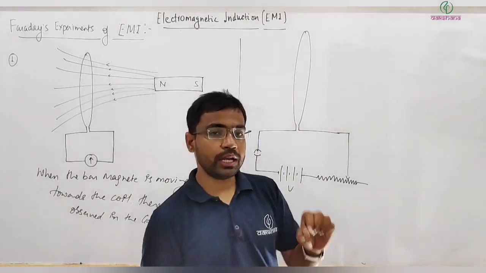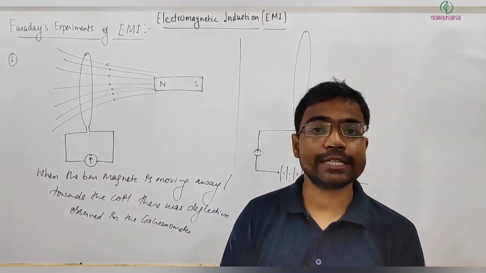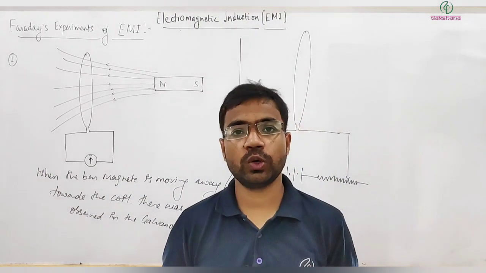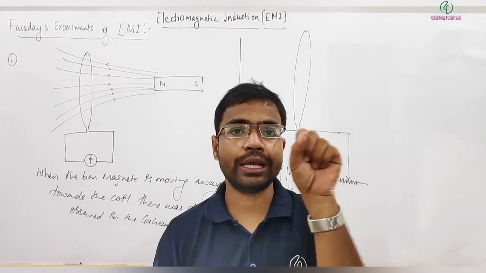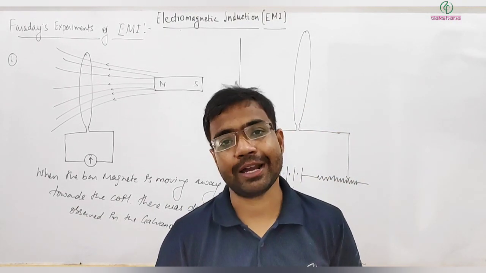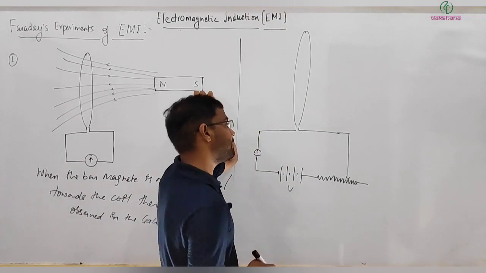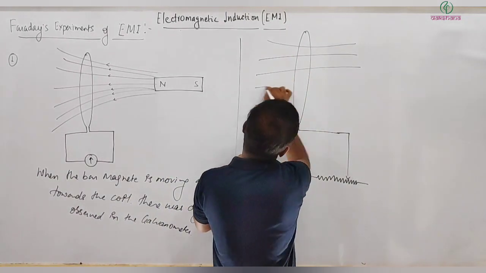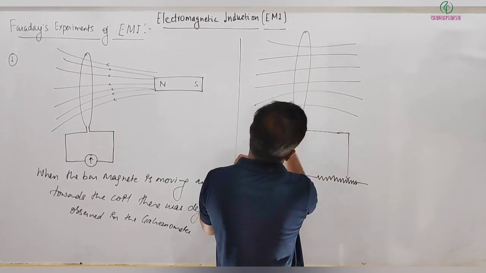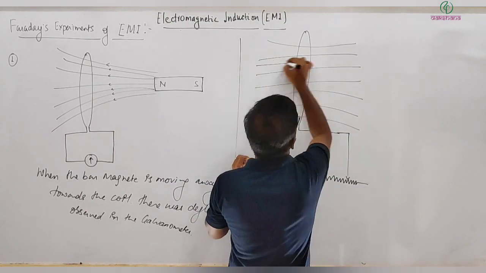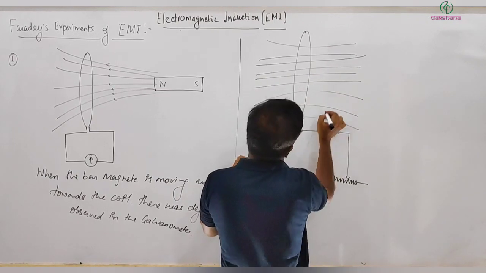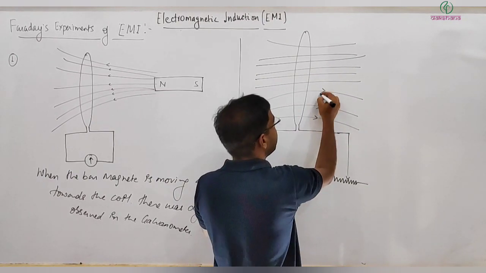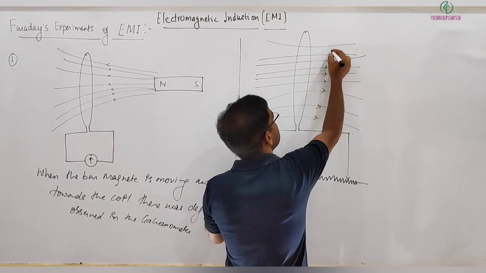Current is in the coil. Then from the chapter magnetism, you must be knowing a current carrying coil also acts like a bar magnet. So in this case, what will happen? This magnet will also generate magnetic field lines, right? Like this way. So here also, depending on direction, magnetic field lines will be there.